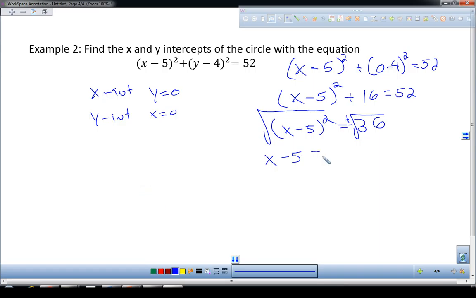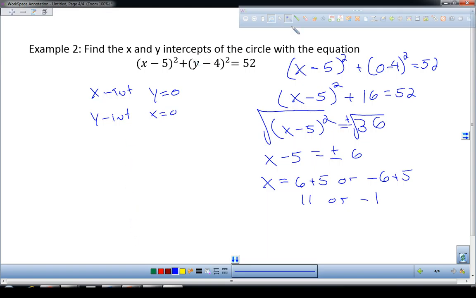So you get x minus 5 equals plus or minus 6. So x equals negative 6 plus 5 or positive 6 plus 5, right? So this one gives you 11, and this one gives you negative 1. Okay? Any questions on that?